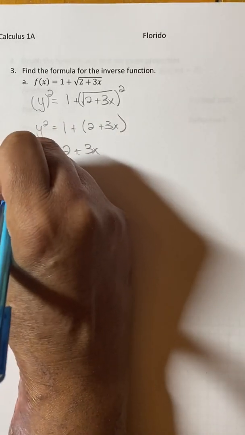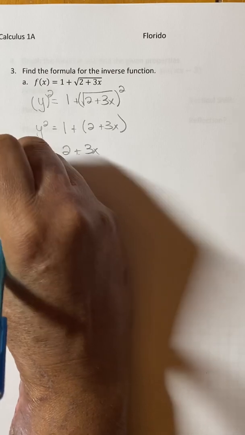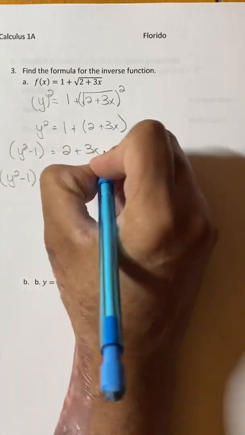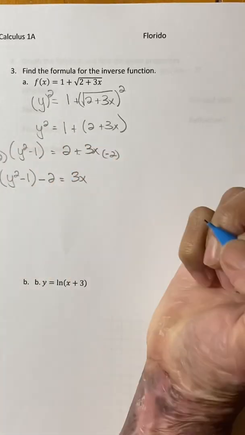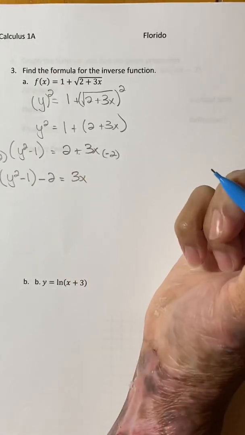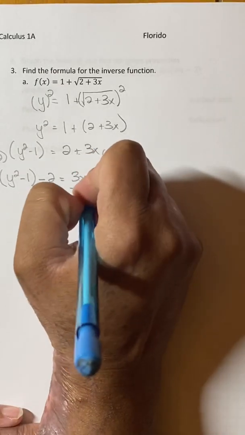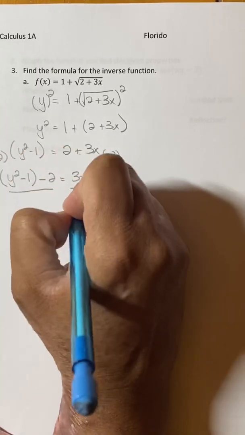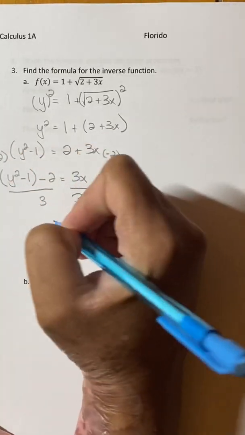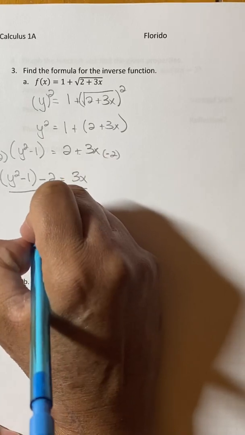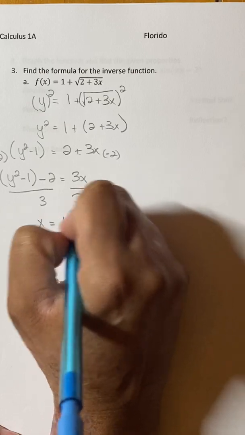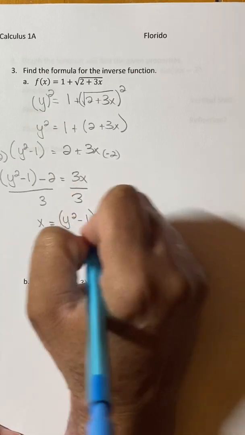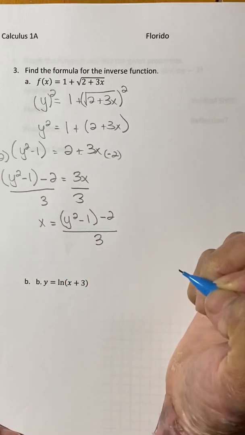So we have y squared minus 1 minus 2, because you're subtracting 2 on both sides, equal to 3x. 3x still won't work because it doesn't isolate x by itself, so you need to divide the 3 out of the x. Now I'm going to flip the equation because I like it better to look like this: x equals y squared minus 1, minus 2, over 3.